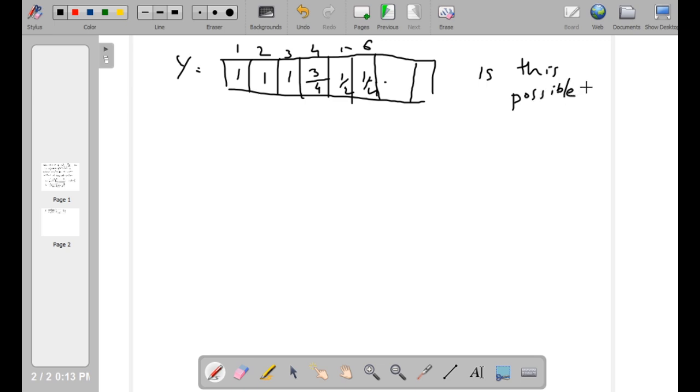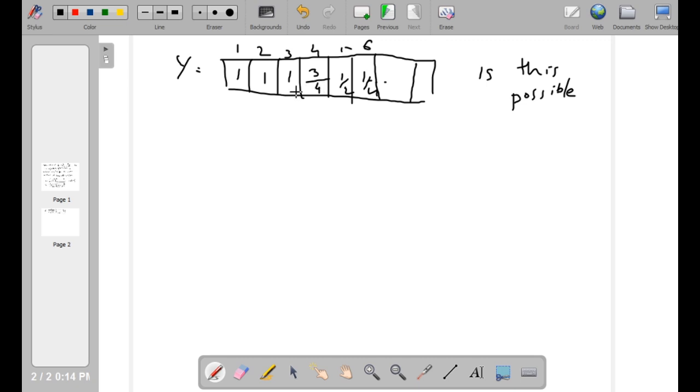So what we are saying is, a solution proposed by person Y, can it be something like this? Up to the fourth cell, it is the same as our solution.